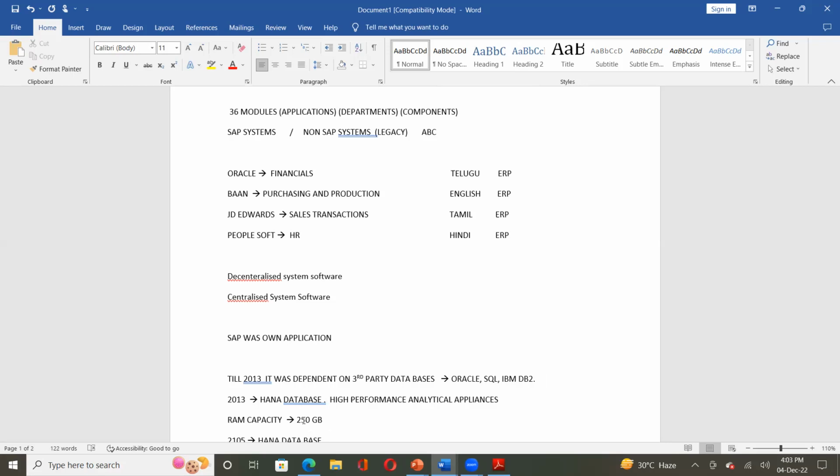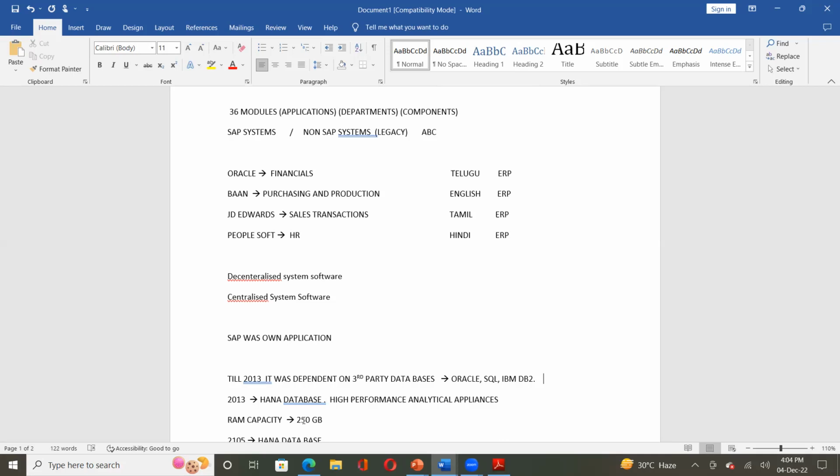But in the traditional databases, if we want to access something, first we need to ask the memory, and the memory goes to the hard disk, accesses the data from there, and from there it displays on your system's front end.